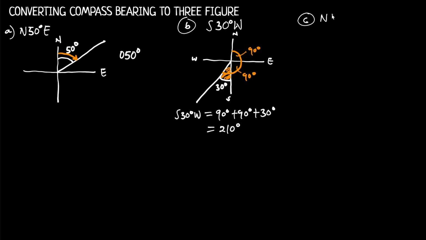North 15 degrees west. Let's do that. This is north and this is west. So the angle in question is going to be somewhere here. So we have a 15 degrees. To convert to three figure, we have to move all the way from the north because this is three figure.